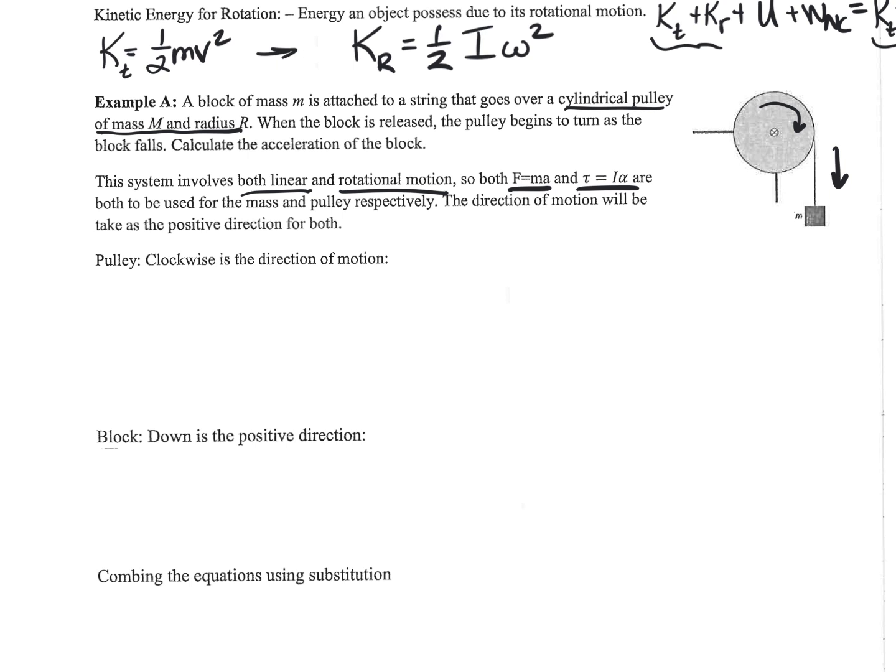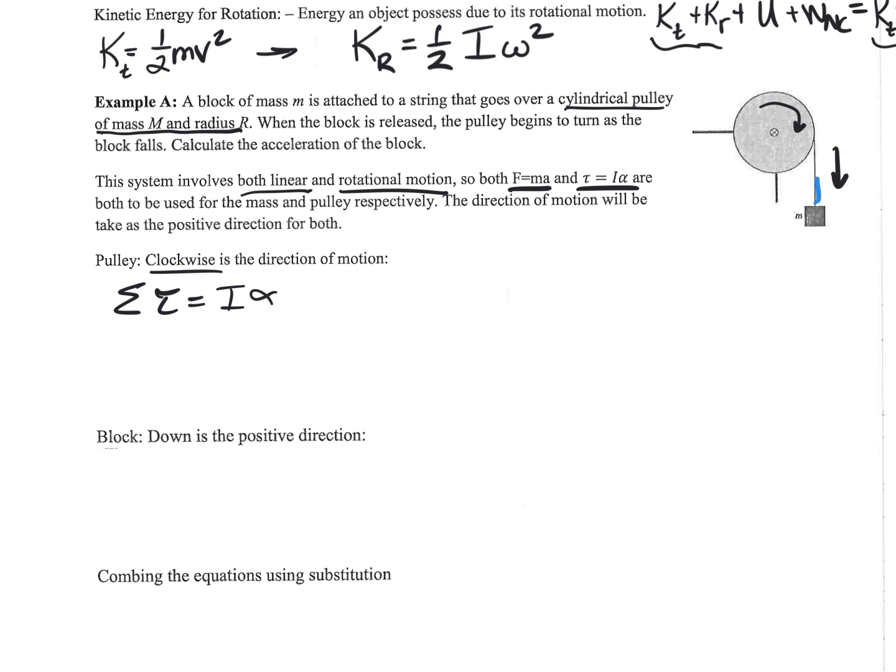Normally clockwise would be considered negative torque, but we said just make it the convention as long as you stick to your convention. So if we're looking at the clockwise direction, the sum of torques is I alpha, correct? Well, what is the torque here? What's causing the torque on the pulley? The block is falling, so what is the force on the block?